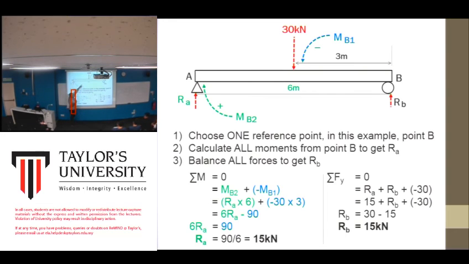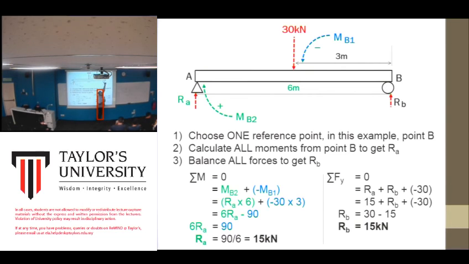Load here, 30 kilonewton, which is in a negative rotation, anti-clockwise. So in bracket, plus negative 30. Anything going down will be negative. 30 times 3, 3 is the distance from here to the fixed beam, the rotation area.